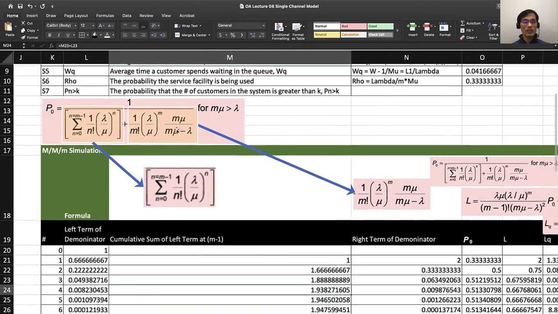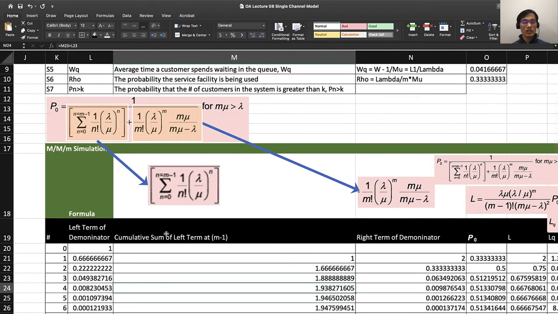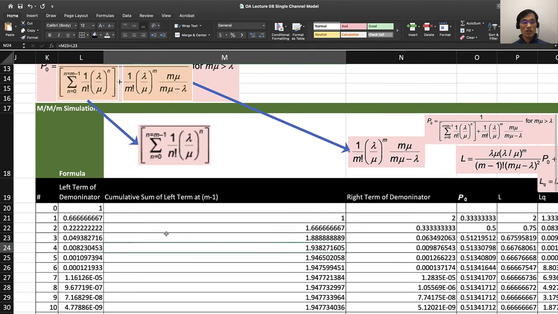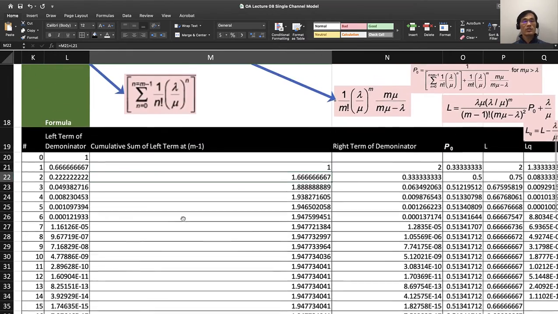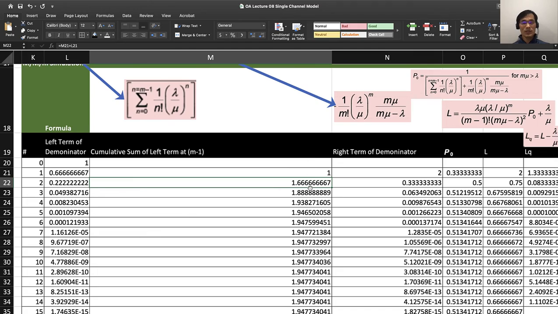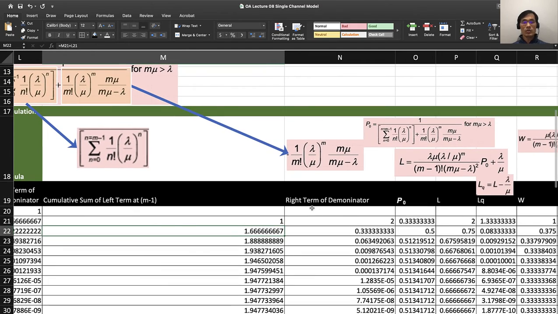Since I have only two channels, I have to go only to 1.66. That's all I have to go to because my number of channels is only two, not 5 or 20. So that's why I'm stopping here. And then I have now to go to the right term.